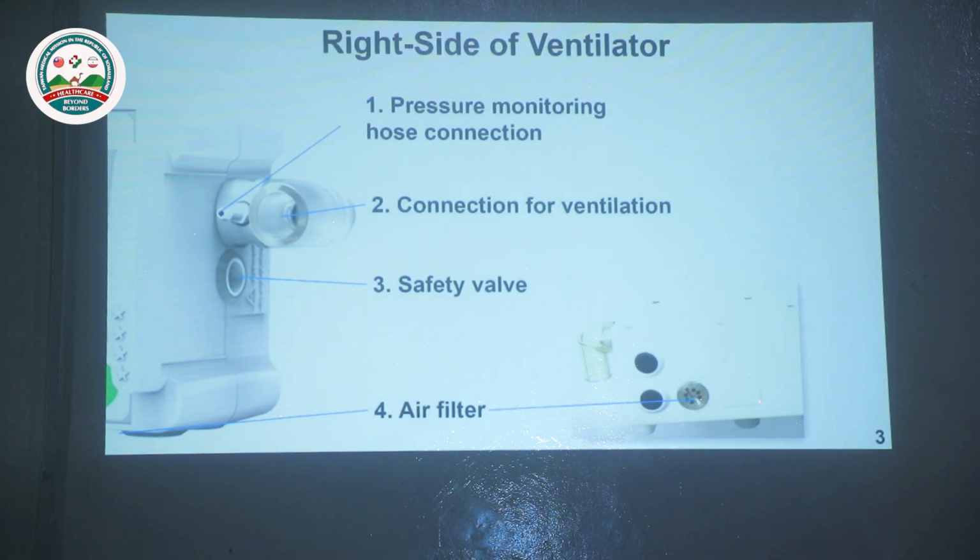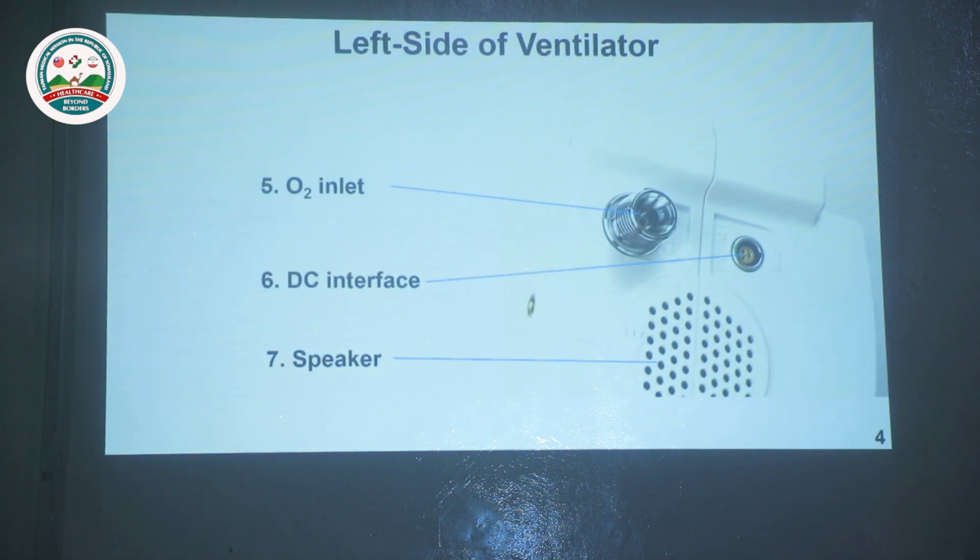So this part is the air entrainment port, and it has one air filter around it. On the left-hand side of the ventilator is the O2 inlet to connect the O2 pipeline to the oxygen cylinder. Beside this is the DC interface to connect with a charger. And this speaker is for alarming.